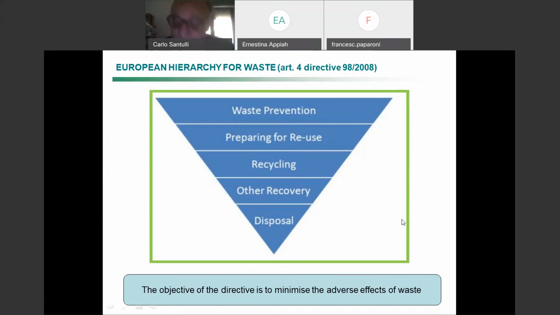unless you have inert materials. When I say inert materials, it's like rock, stones, etc., which have no action on the soil in which they are landfilled. So basically, they stay there for the eternity without doing anything.